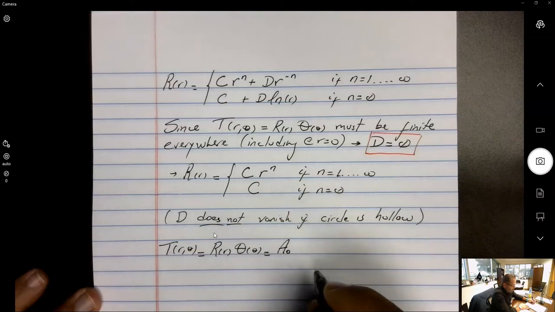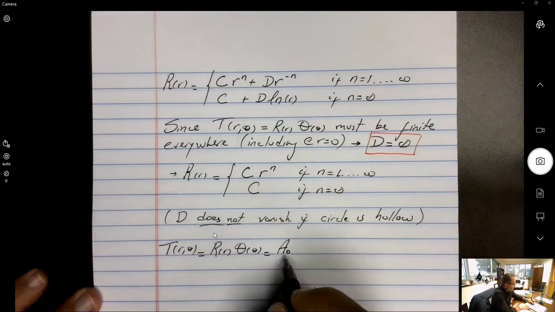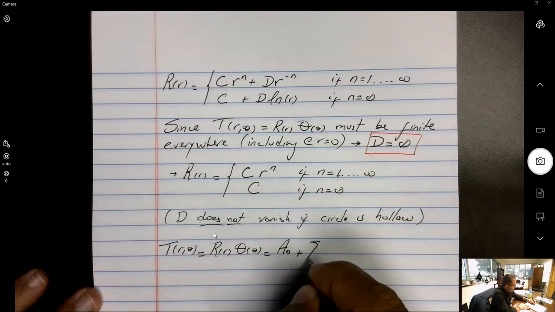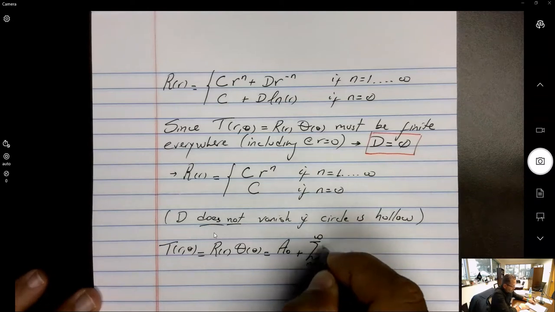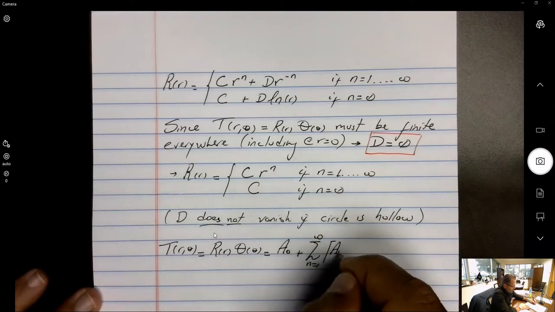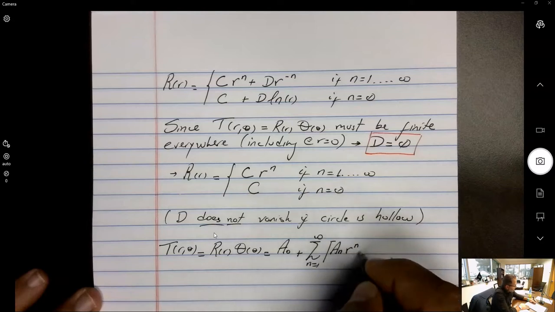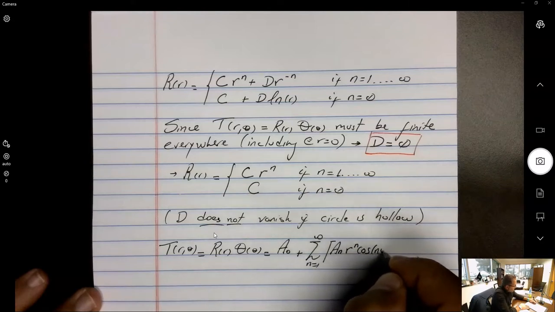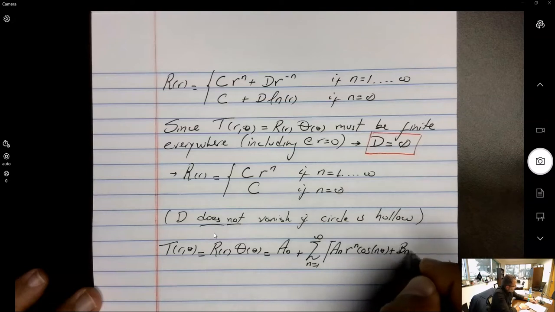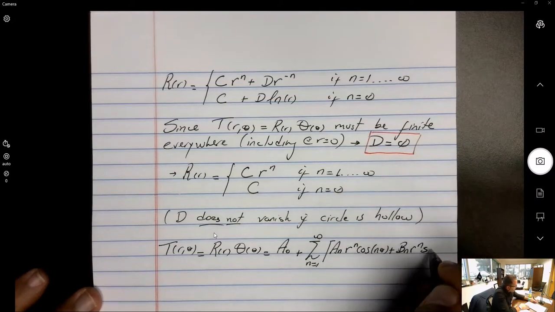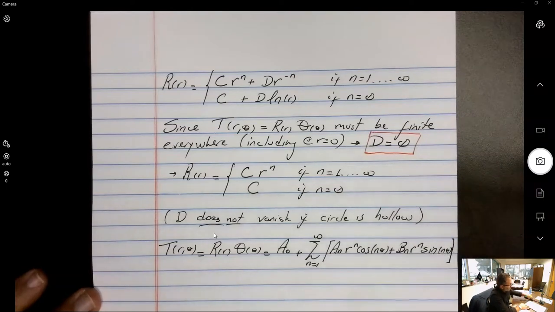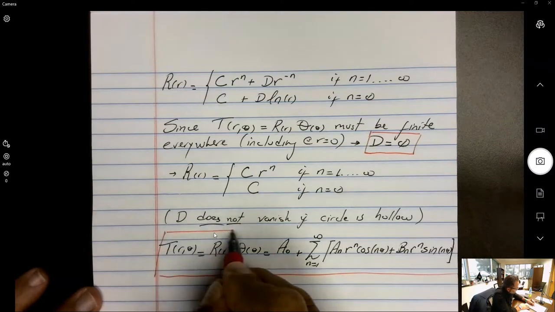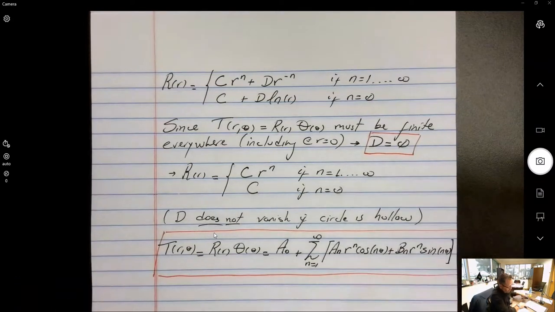And we are going to keep one of the constants of integration outside, we're going to call it a0, plus the summation from n equal 1 to infinity of an r to the n cosine of n theta plus bn r to the n sine of n theta. That is the general solution. We still need to figure out how to find those constants of integration a and b. This is the general solution.